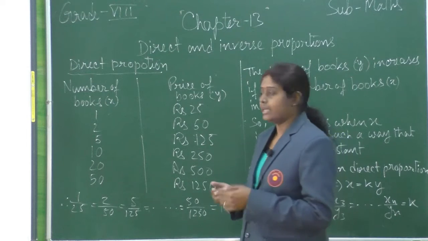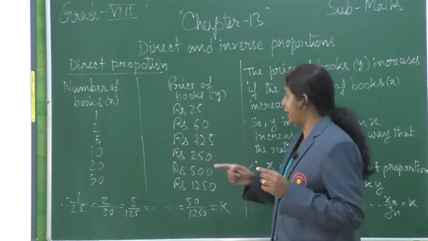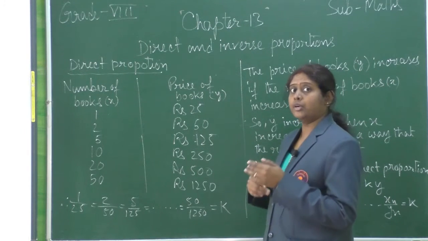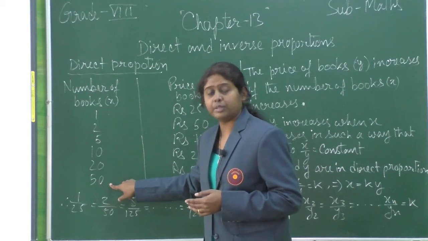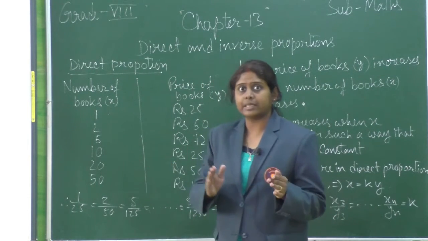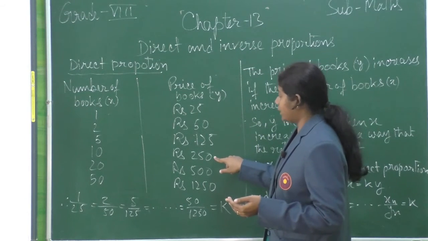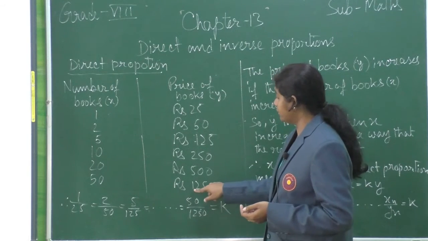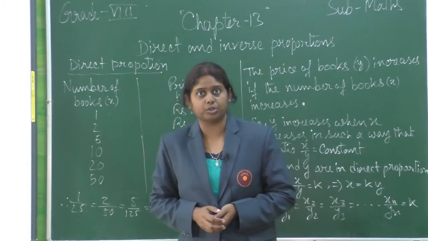Similarly, if I want to buy 5 books, I have to pay rupees 125. And if I want to buy 10, 20 or 50 books respectively, I have to pay more money. It will be like 250, 500 or 1250 rupees, according to the number of books.